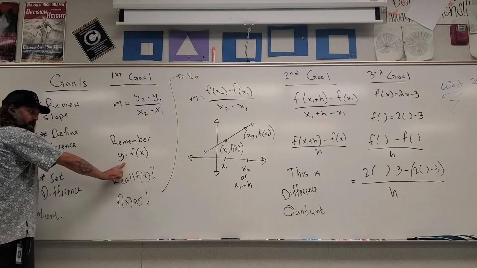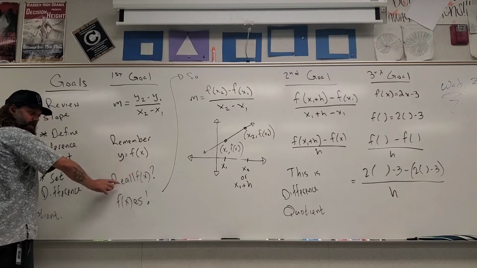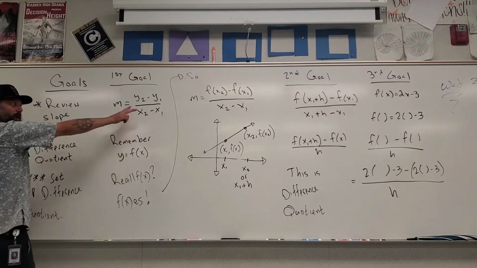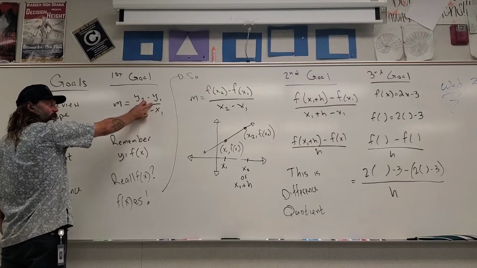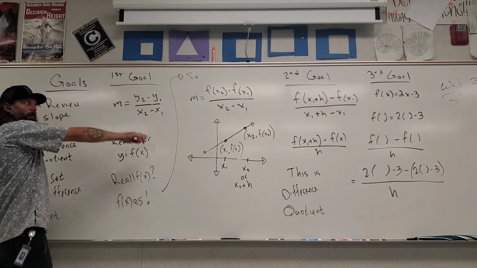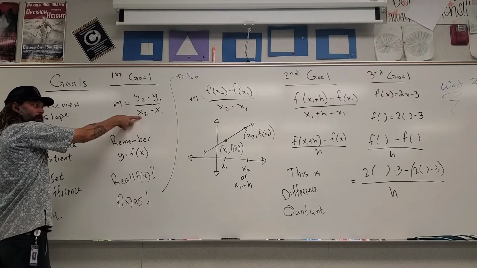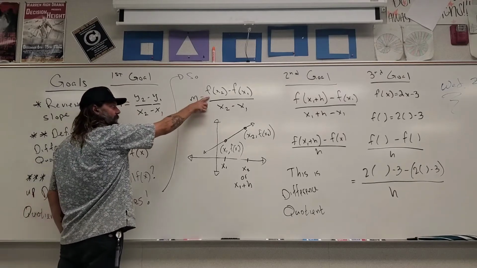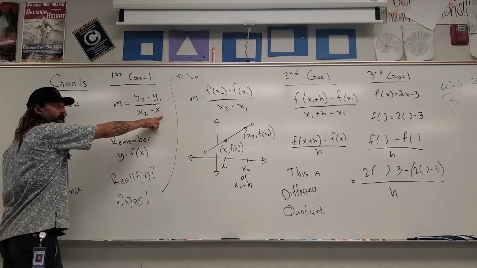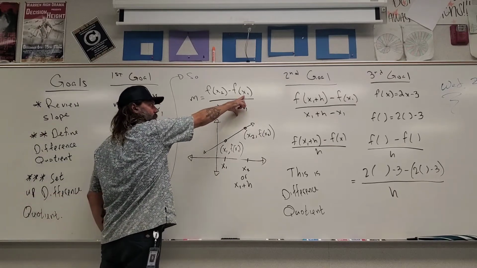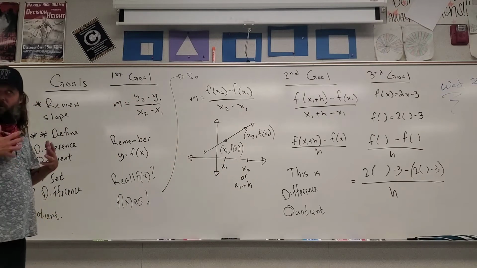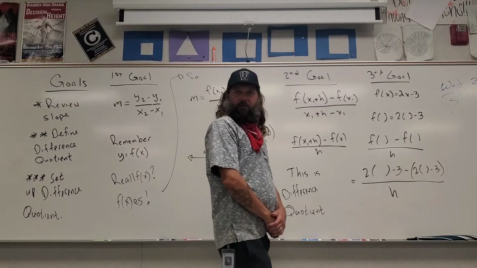So when I replace the y2 and the y1 with my f of x, remember, in order to get y2, I had to plug in x2, so that's why this is f of x2. In order to get y1, I had to plug in x1, and that's why this is f of x1. So this is going to be our new form for the formula for slope.